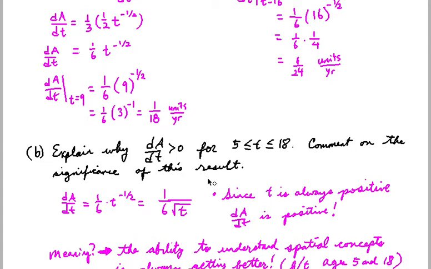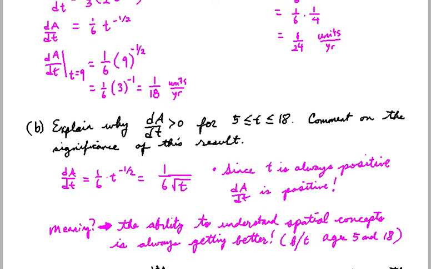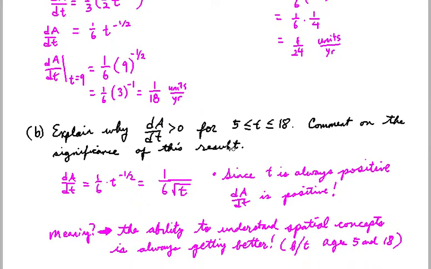Now, what's the significance of this result? Let's think about what dA/dt means. dA/dt is the rate at which a person's ability to understand spatial concepts changes. So if it's positive, what's happening to A? If dA/dt is positive, A is increasing. Sorry, not positive, but increasing.